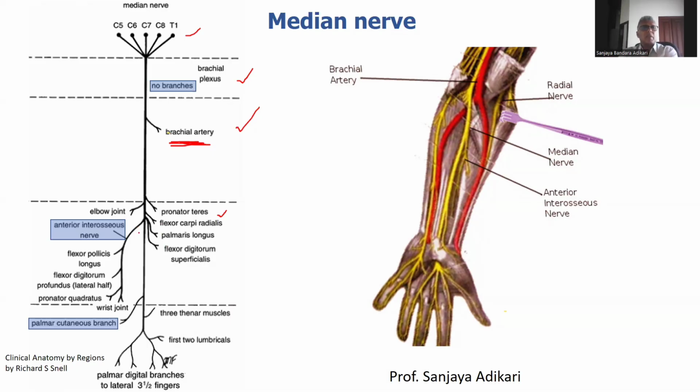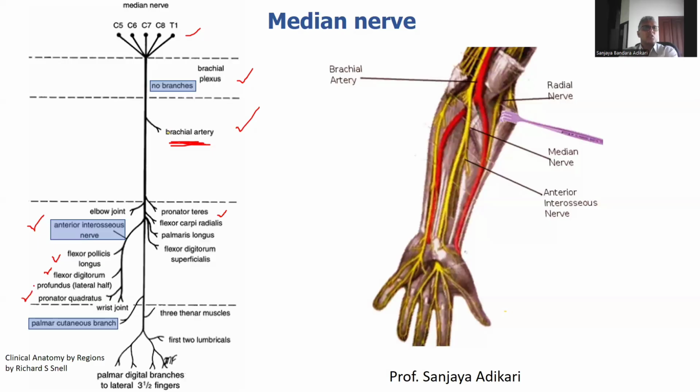Then it gives a branch which is called the anterior interosseous nerve. It's parallel to the posterior interosseous nerve given by the radial nerve. Anterior interosseous nerve lies immediately in front of the interosseous membrane and supplies the 3 deep muscles: the flexor pollicis longus, the flexor digitorum profundus, and the pronator quadratus.